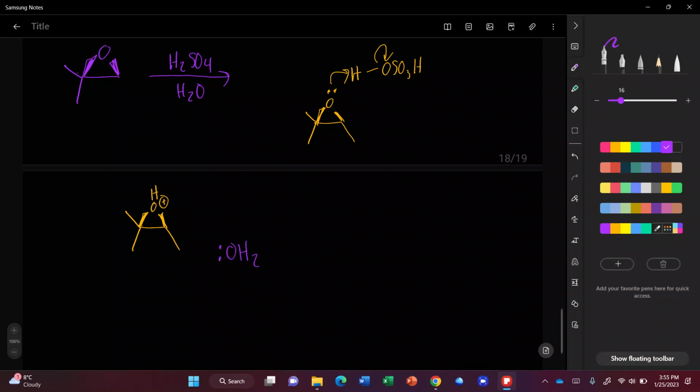Because this epoxide is protonated, it's already a good leaving group. We don't need a nucleophile to really attack it. And so I want you to imagine that this is now going to undergo an SN1 pathway.